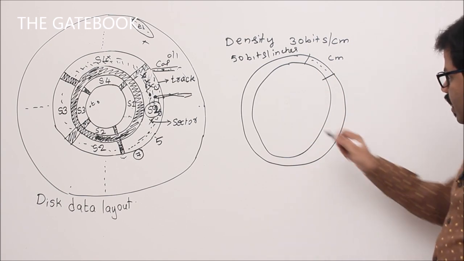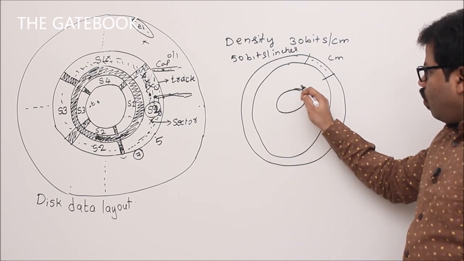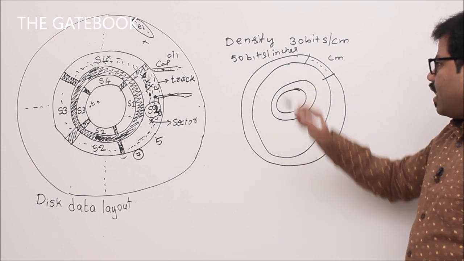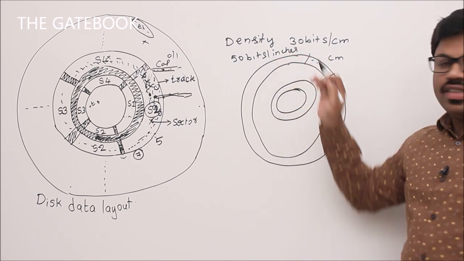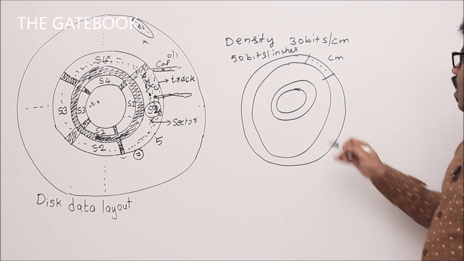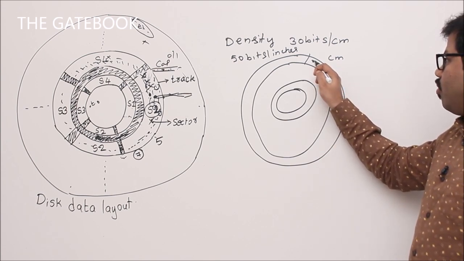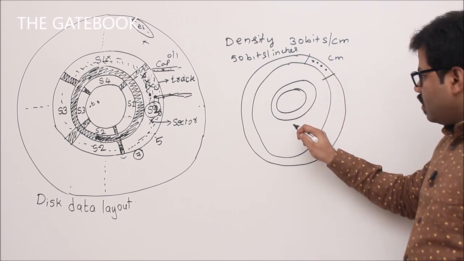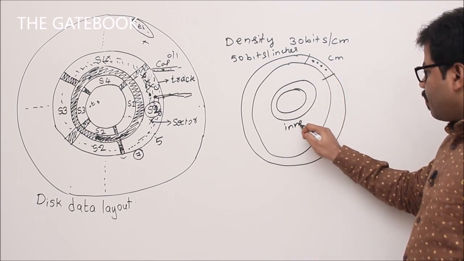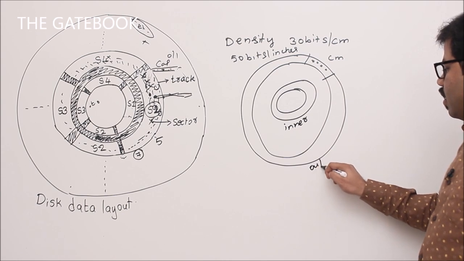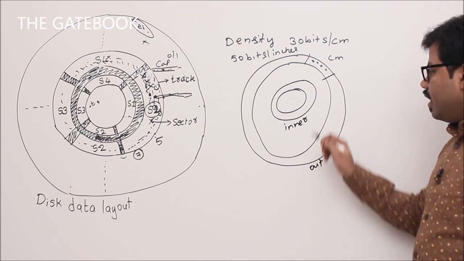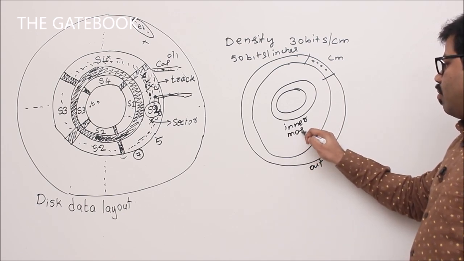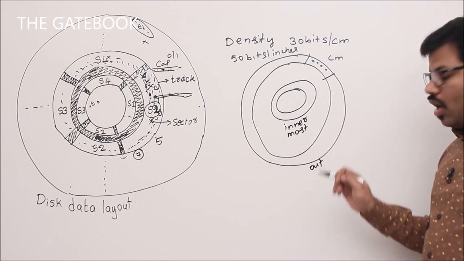Understand? Now what I want to say is, if you follow a fixed density mechanism, that means you maintain a fixed density, everywhere you will be fixing the number of bits which you are storing per a particular length. Then what is going to happen is, this is, let's say, the innermost track, this is the outer track. One observation is, the innermost track will have fewer bits than the outer track, right?